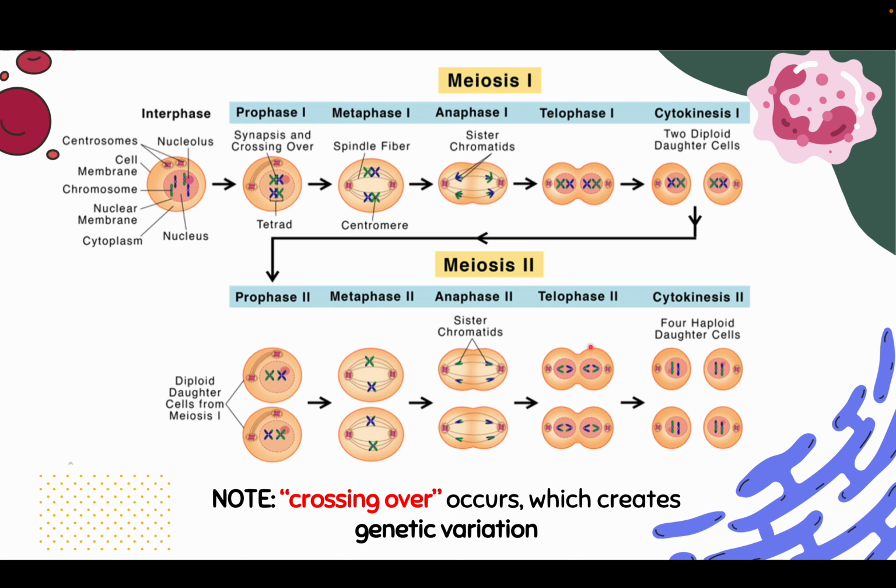Unlike mitosis, in meiosis there is what we call crossing over. Crossing over is defined as the mixture of chromatid sections such that genetic variation occurs.